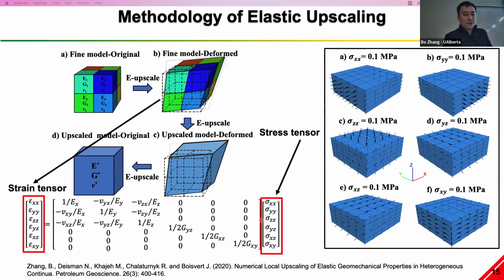When we also have the strain tensors that are outputs from flow reading, then it is possible for us to solve the compliance matrix here to calculate the upscaled Young's modulus, Poisson's ratio, and also shear modulus, as it shows here. And we can see it should be different in different directions, right?